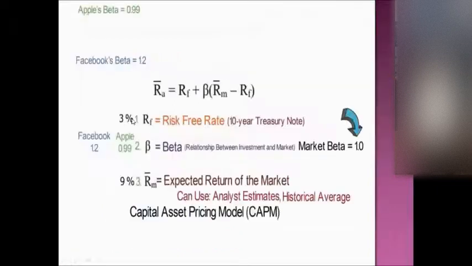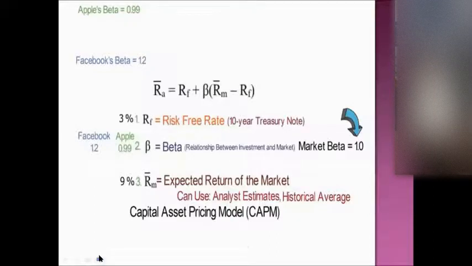Our risk-free rate is, can you see, class? 3%. Maybe you could jot down, class, kasi later on, we will have some exercises. I'll ask you to solve exactly like this one. So, better jot down kung ano ibig sabihin ng RF, etc.